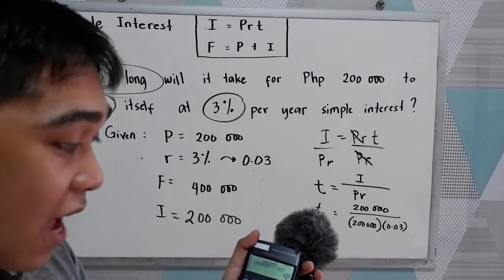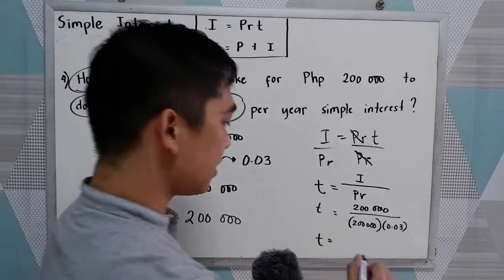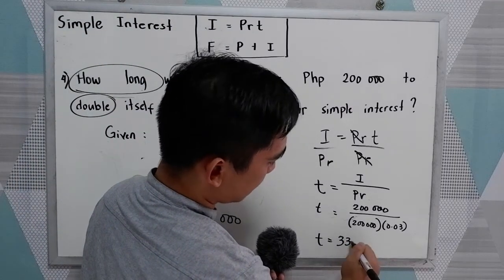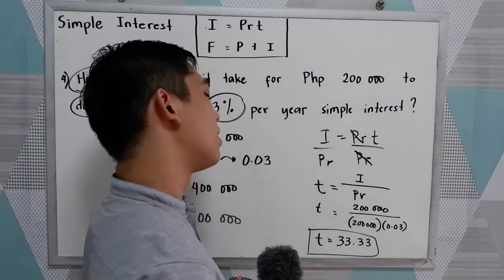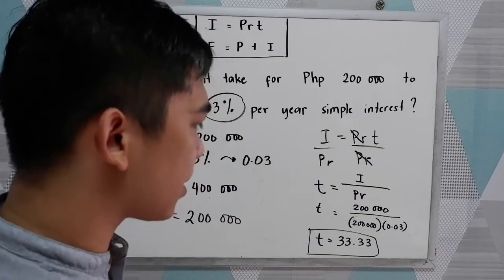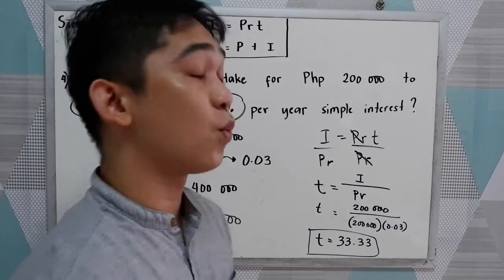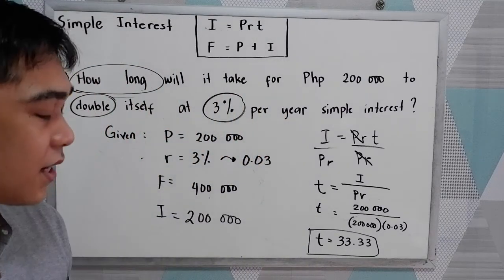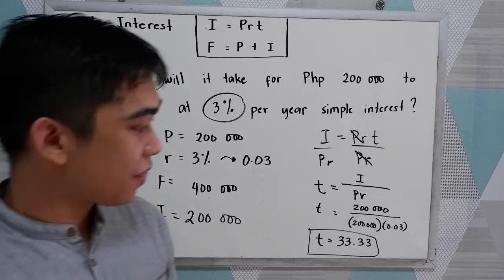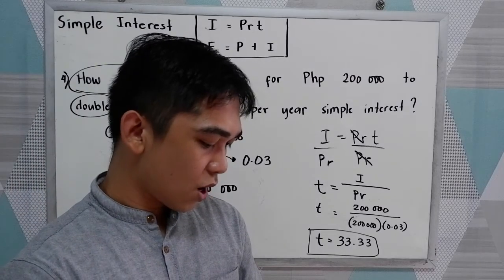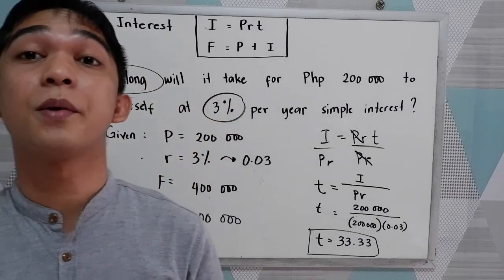We have 100 over 3, in decimal, that is 33.33. This will be our time. 33.33 or 33 and 1/3 years. For the 1/3, 12 divided by 3 is 4. So 33 years and 4 months.